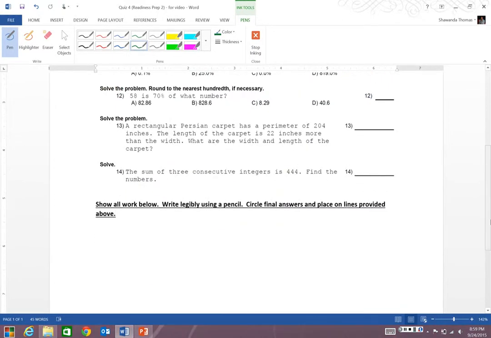Alright, next we have number 12. 58 is 70% of what number? So let's write that. 58. What is equivalent to in math? It's equivalent to equals. 70%, and we can just write that for now. 70% of what.